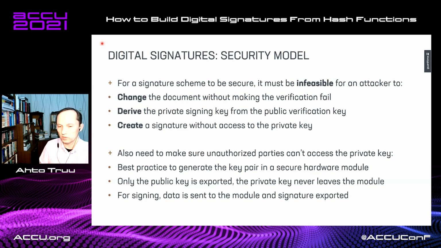Instead, the data to be signed is sent to the module, the signature is produced in there in a controlled, protected environment, and then the signature is exported. Again, the private key never leaves the secure environment of the hardware module. So this is the preferred way.